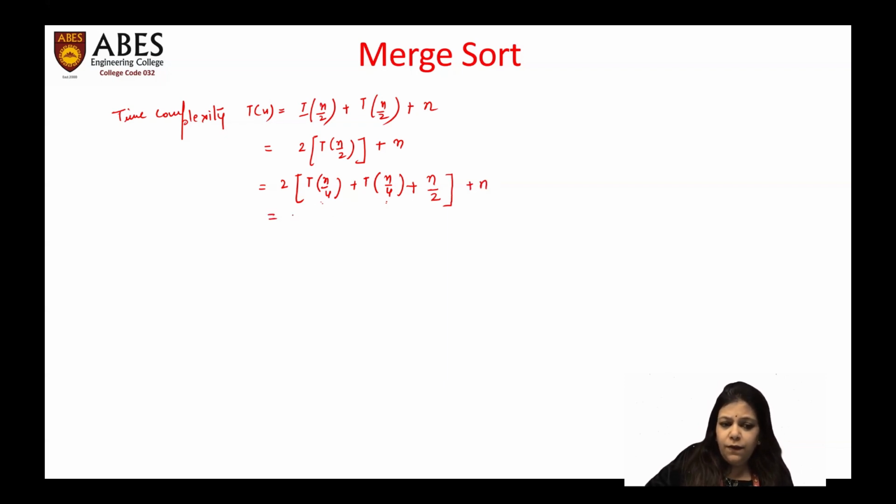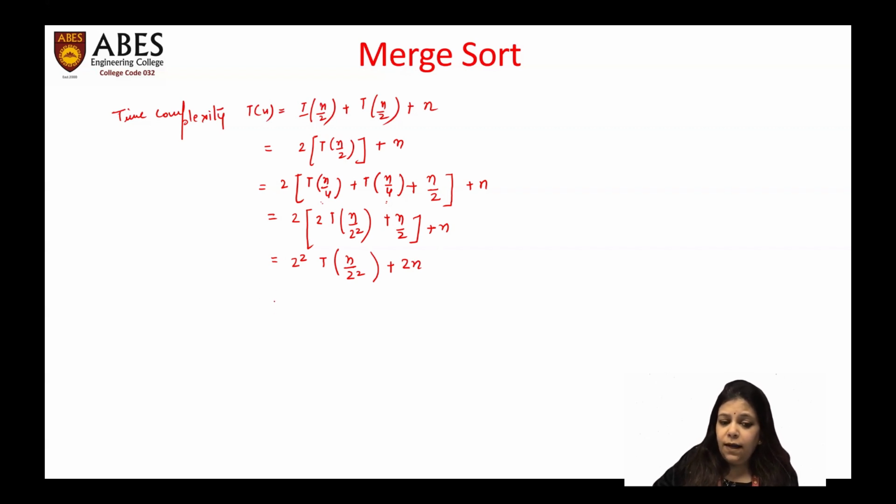Simplifying it, we can see that it becomes 2 squared T(n/2 squared) plus n by 2 plus n, which can also be written as 2 squared T(n upon 2 squared) plus 2n.